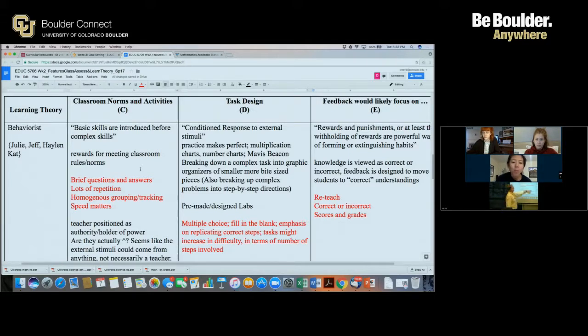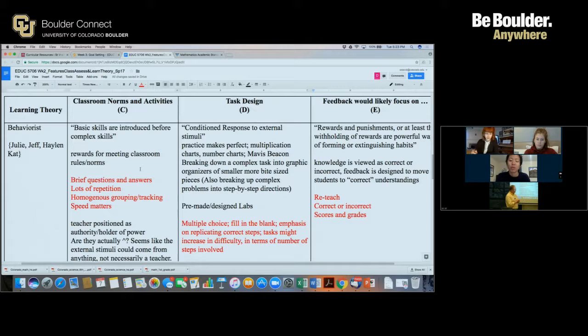So this actually feeds into task design, the whole notion of: I see this stem, here's my response. I see this, I fill in the blank, I have to recall this. So a lot of these item types key into a behaviorist perspective. There's nothing wrong with this, that's just the nature of the way those tasks are informed by particular theories of learning. It could be procedural in terms of replicating correct steps.